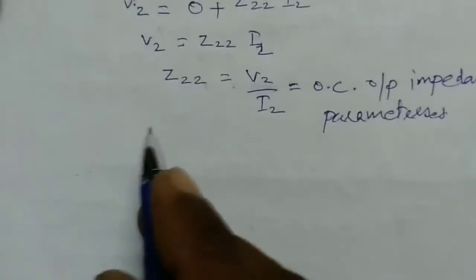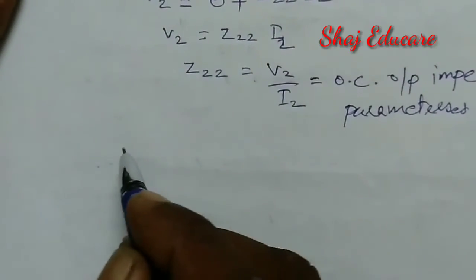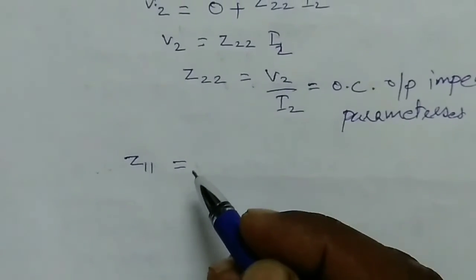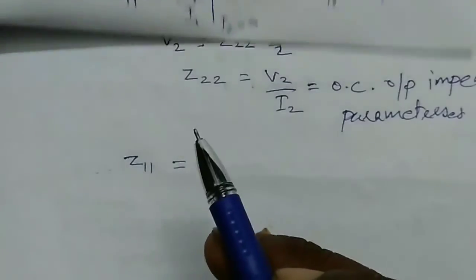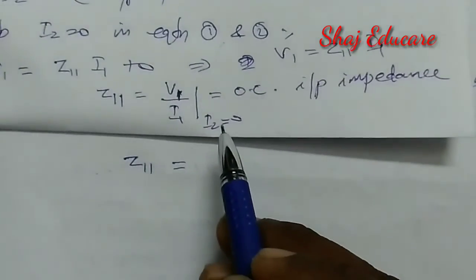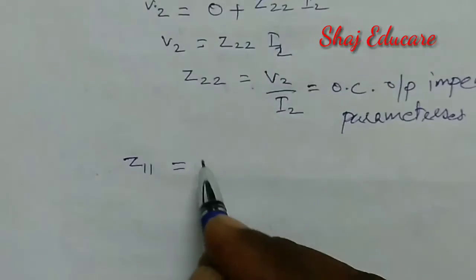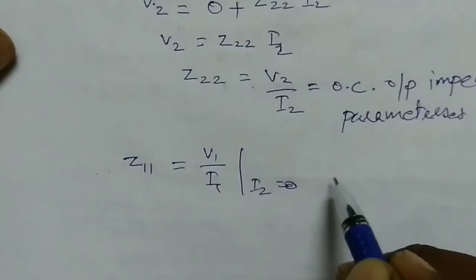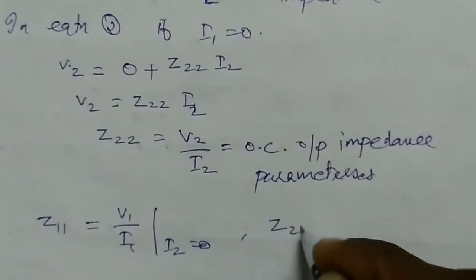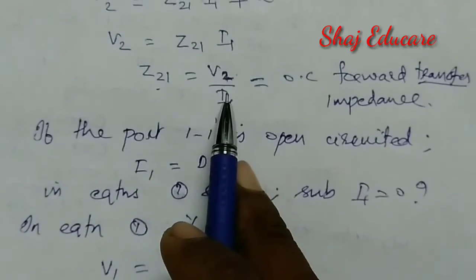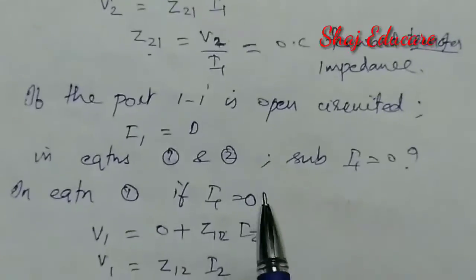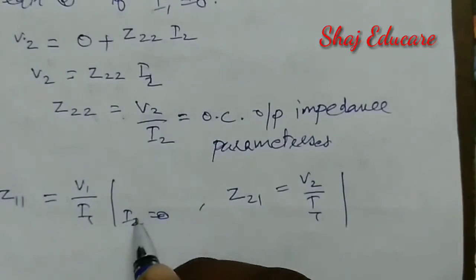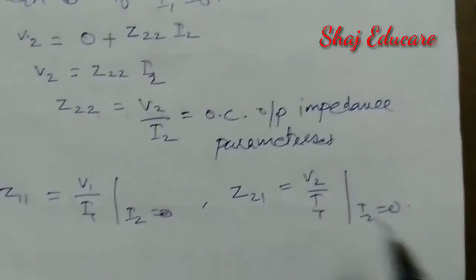So now let us recall what we have discussed. The first parameter we obtained is Z11, that is equal to V1 by I1 only if I2 is equal to 0. Z21 is equal to V2 by I1 under the same condition, that is I2 equal to 0.